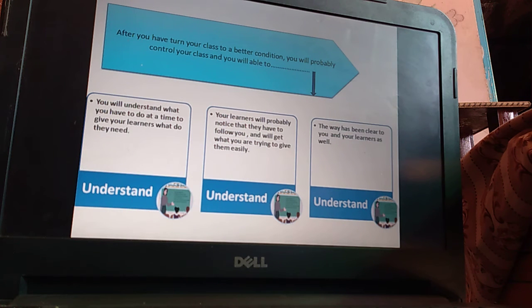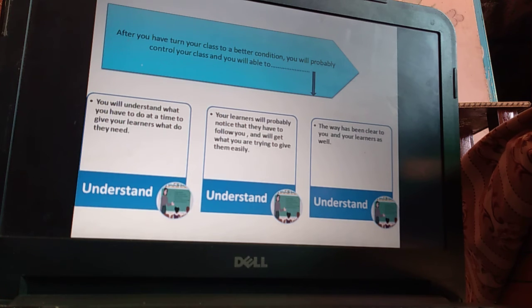If you have turned your class to better conditions, you will probably control your class, and you will be able to understand what I said here. Understanding means you will understand what you have to do at the time, give your learners what they need, and understand what your learners will probably notice, how they have to follow you and get what you have already given them.